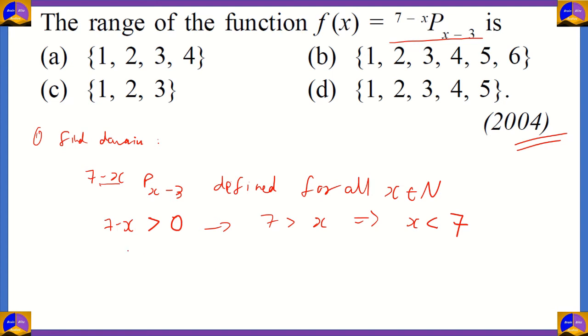So x-3, this part of the permutation can be equal to 0. So x-3 can be greater than or equal to 0. So therefore x-3 is greater than or equal to 0, so x is greater than or equal to 3.